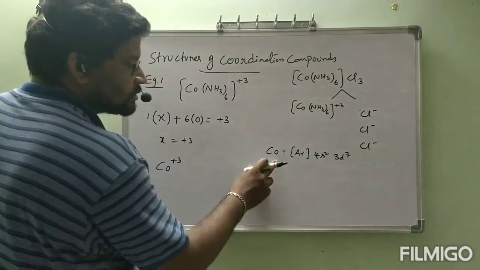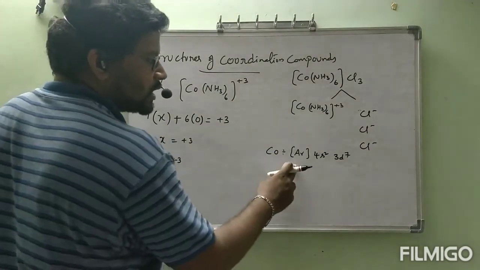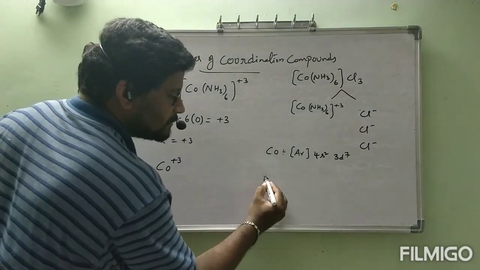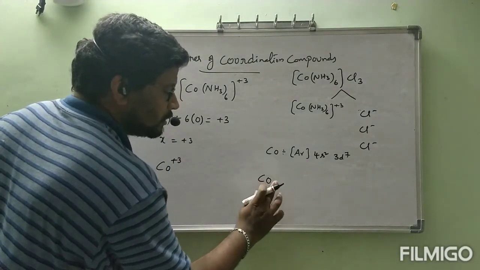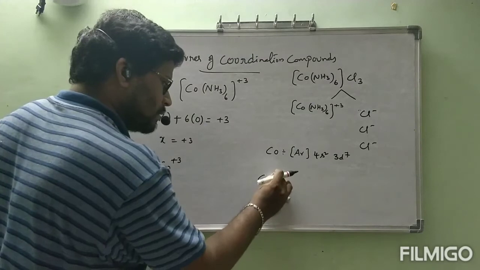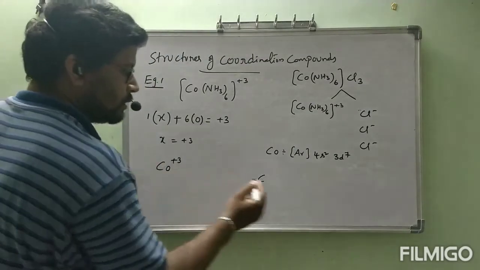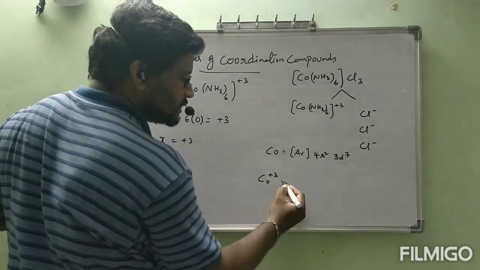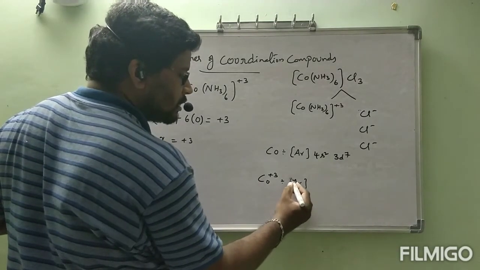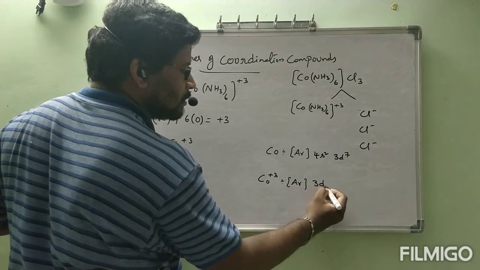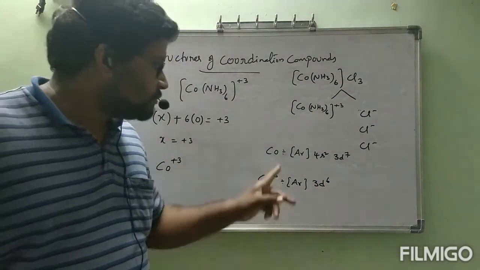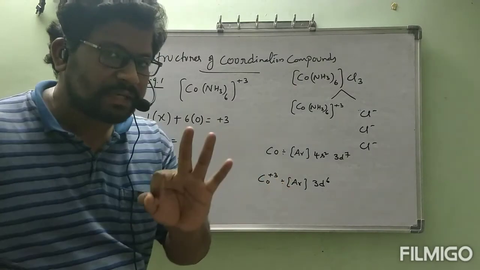This is the cobalt electronic configuration, argon 4s2 3d7. Now I am going to write the Co3+ configuration. The Co3+ configuration is argon 3d6. From the neutral cobalt atom, we have to remove 3 electrons.